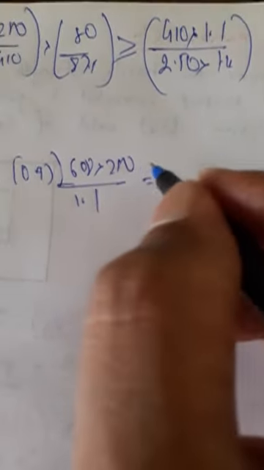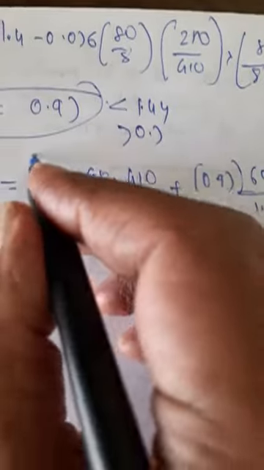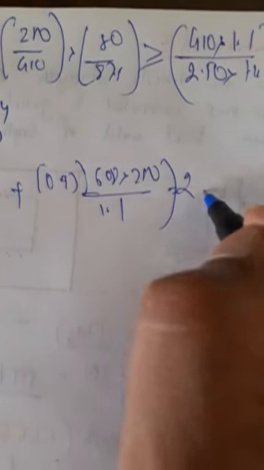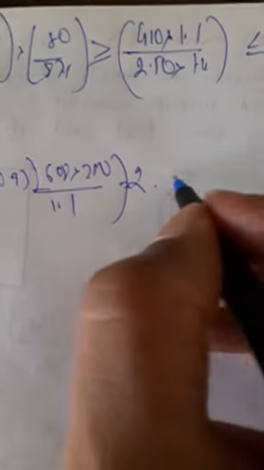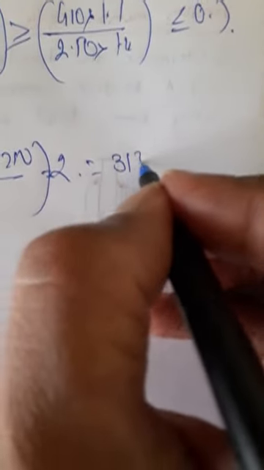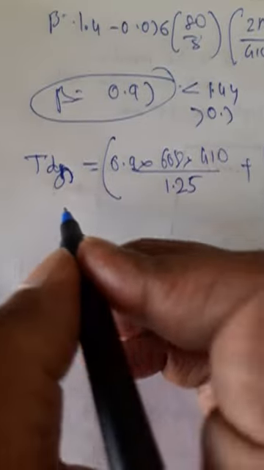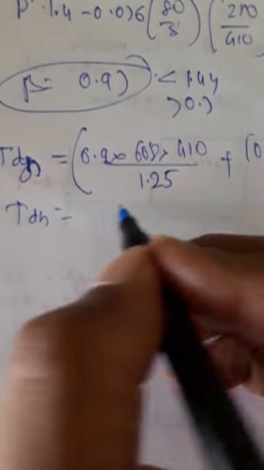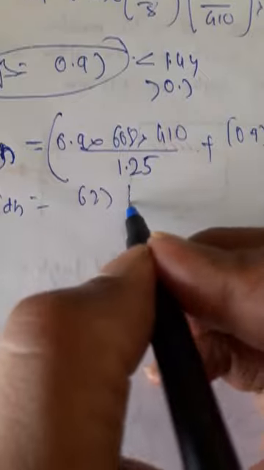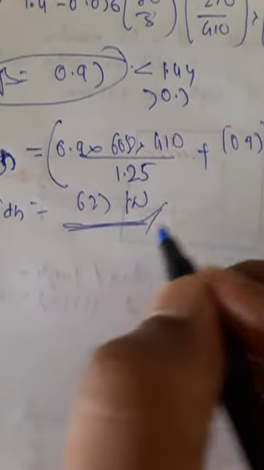So always remember, multiply this value by 2 because there are two angles. So you have the angle answer 313 into 2. So TDN is equal to 627 kilonewtons.